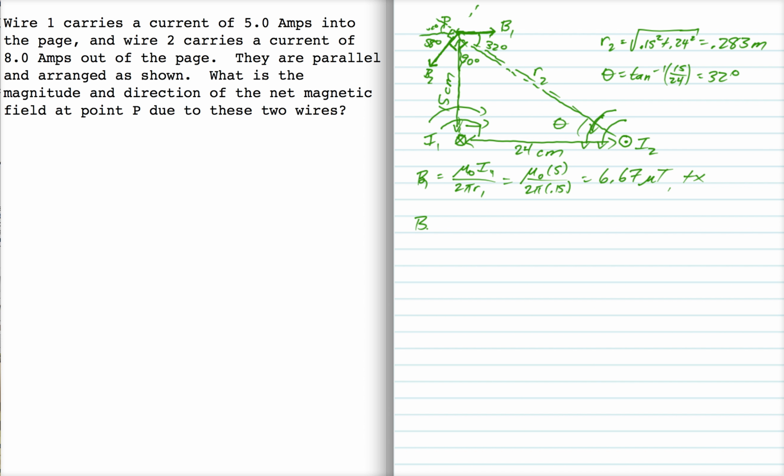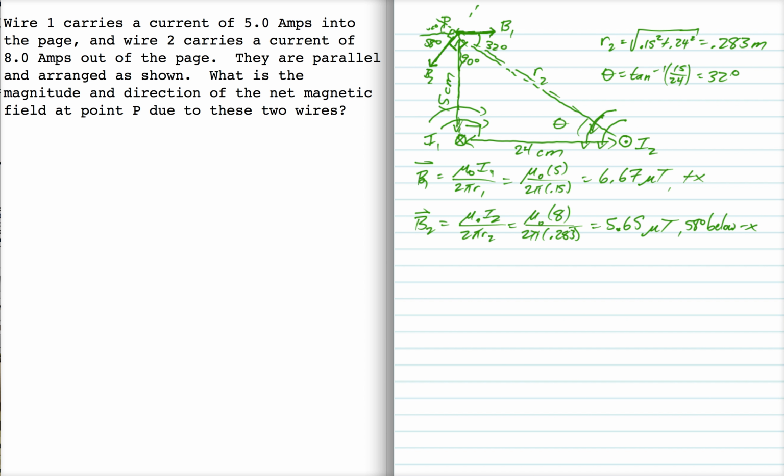And then the magnetic field B2 is, let's see, so I2 is 8 amps, and we divide by 2 pi times 0.283. And that is 5.65 microtesla in a direction 58 degrees below minus x.